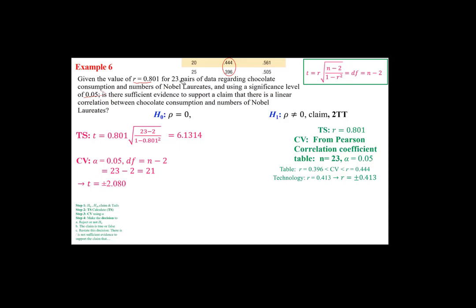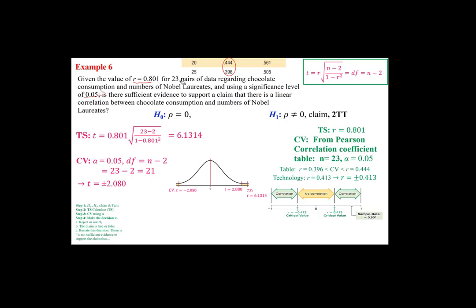So let's look at the graphs. This is the graph for the T distribution. Obviously, the test statistic is beyond 2.080. It puts it in the rejection region. If you look at the other one, what happens? Basically the same thing.